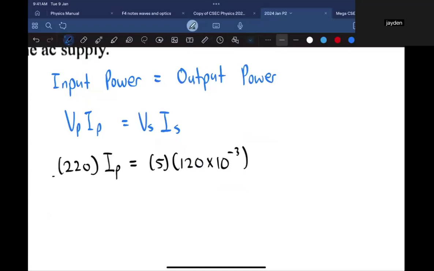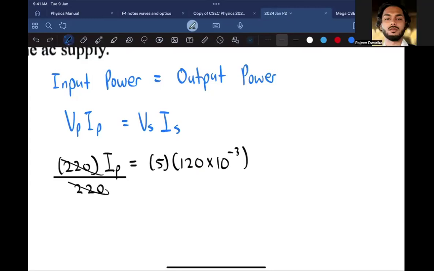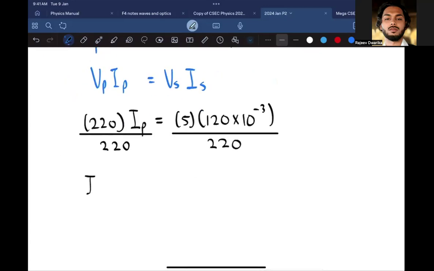Divide by 220. The 220 cancels out. So plug that into the calculator. That was a small answer.